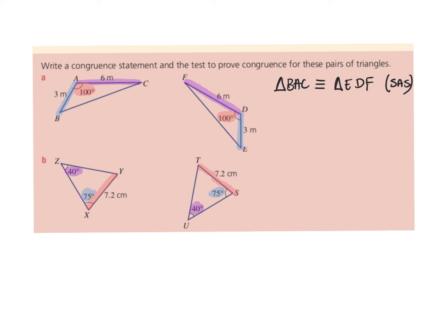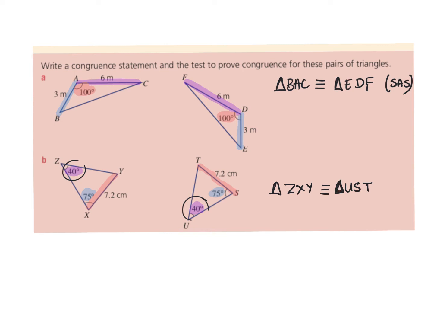So I'm going to say triangle ZXY is congruent with, now see how the Z has the 40, I'm looking for the 40 over here, so I'm going to say triangle U, now the X has the 75, so I'll put the S because it has the 75, and the T.